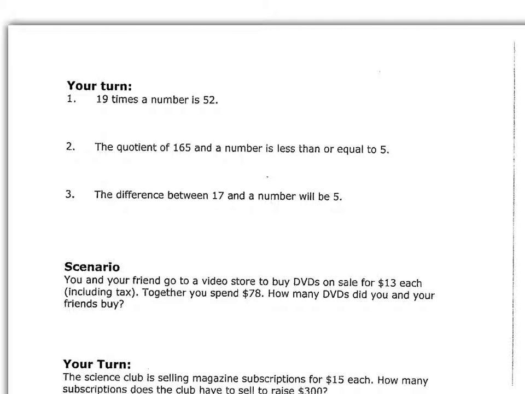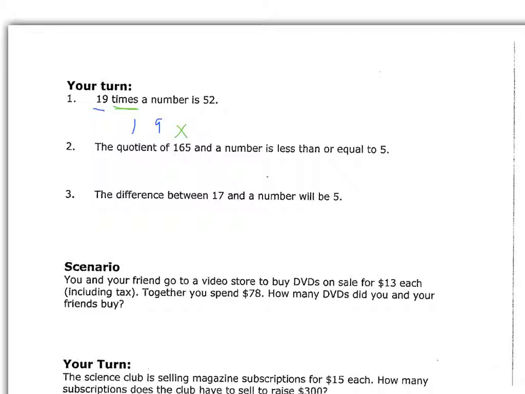Okay, so we're going to go ahead and get started on these examples. These aren't so bad, you just have to learn your different keywords and be able to apply them to the sentence. Let's take a look at the first one. It says 19 times a number is 52. We know that 19 is 19, and times represents multiplication.